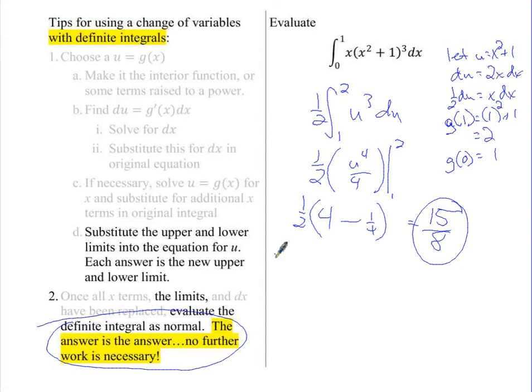So, let's try it. Let me change colors. Purple seems fun. So I still have the integral from 0 to 1. Now I integrated this thing and I have 1/2 u to the 4th over 4.